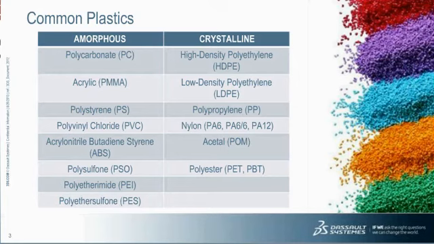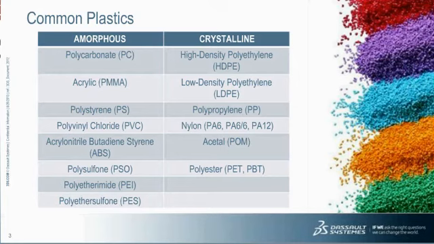This is really looking at the best practices in mold design, taking into account the considerations related to plastics themselves. And with that, I would jump right into a brief discussion about some of the most common types of plastics materials. The main groups of materials we want to talk about today are thermoplastics, and within thermoplastics you have two basic subgroups, amorphous materials and crystalline materials. You can see on the left-hand side of the screen I list some common amorphous materials, things like polycarbonate, acrylic, polystyrene, PVC, as compared to crystalline materials, materials like high-density polyethylene, low-density polyethylene, polypropylene, nylons, and others.